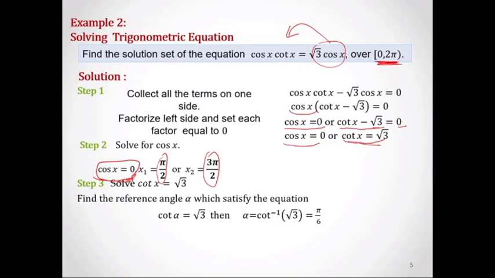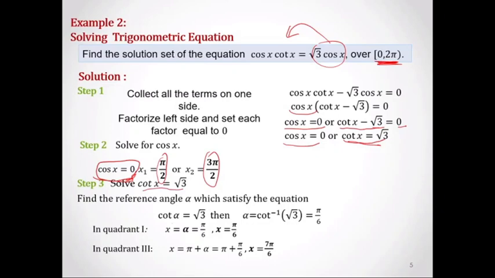Now for cotangent x, I will try to solve it. Cotangent x equal to square root 3 means that if the reference angle of x is alpha, then cotangent alpha is square root 3. Which angle makes this?